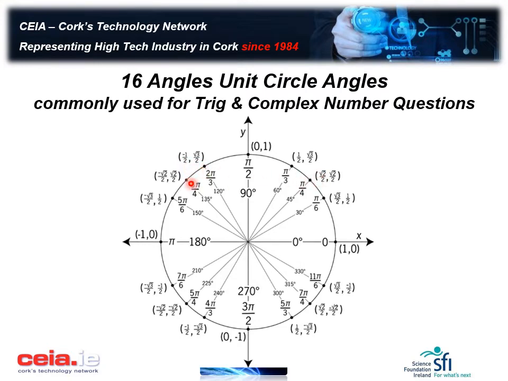Similarly with the 135, which is essentially 90 degrees plus 45 degrees, we have these coordinates of minus root 2 over 2 and root 2 over 2. Again, the vertical distance for 45 degrees and 90 plus 45 degrees is the same. The horizontal distance is the same, but this is positive and this is negative.